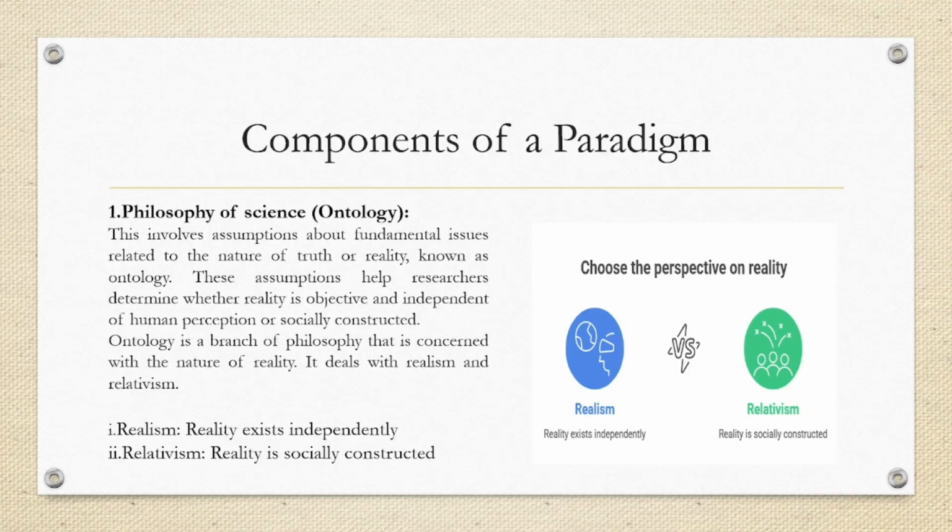There are two major views here. The first is realism, which states that reality exists independently of human perception. The second one is relativism, which suggests that reality is socially constructed and may vary depending on different perspectives.